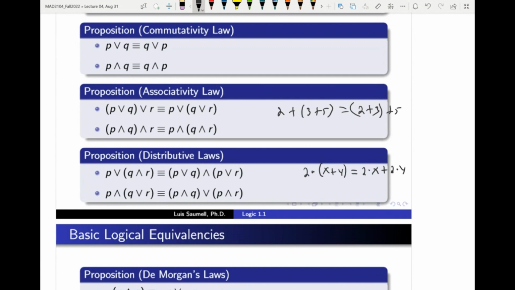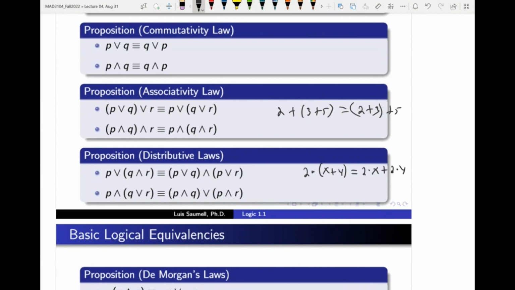Well, same thing here. If this confuses you, just think of this as being times and this as being plus. Put a times here and a plus here. So P times Q, but then instead of times, do this operation: P or Q, parentheses, and P or R. You understand this? And similarly here, P and Q, parentheses, or P and R. That's the distributive property.